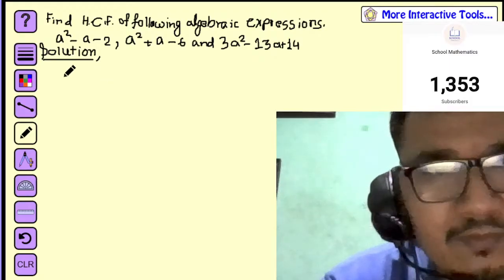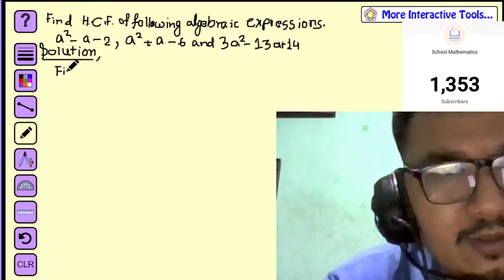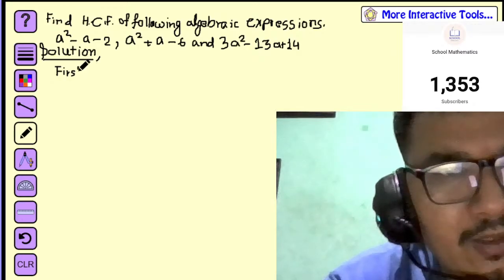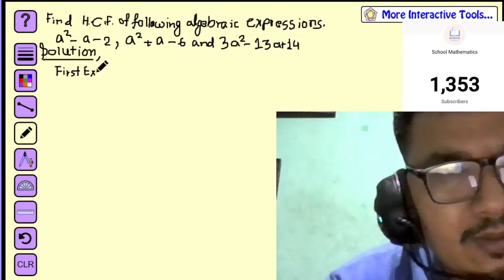And first of all, the first expression. Okay, we have to factorize this first expression first. How to factorize? Okay, look, I want to show you here. I'm writing exp shortly here, first expression.